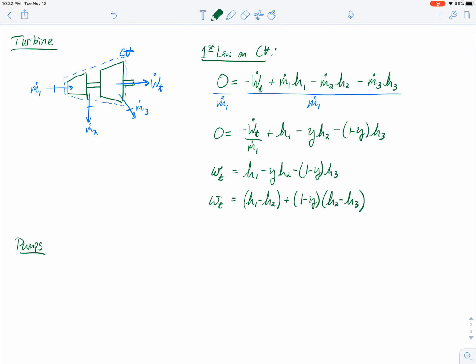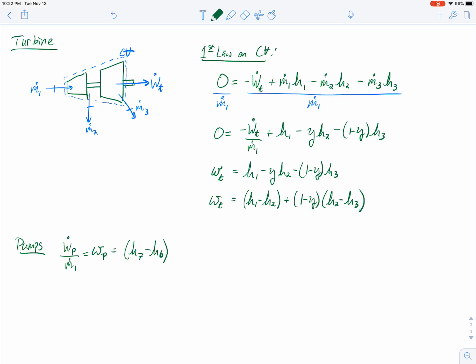The pumps look no different than before. I just have 2 of them. So I will declare that the work of the pumps, again, specific work based on the total mass flow rate, looks like the enthalpy at state 7 minus the enthalpy at state 6. That's the work done for pump 2.